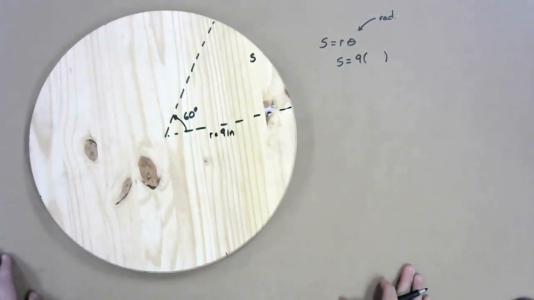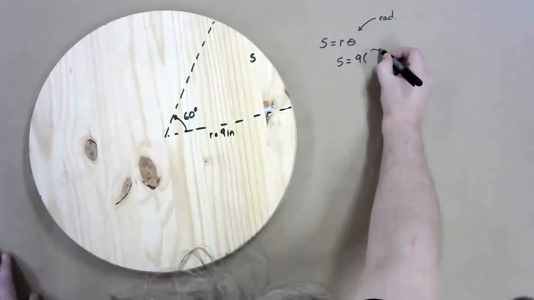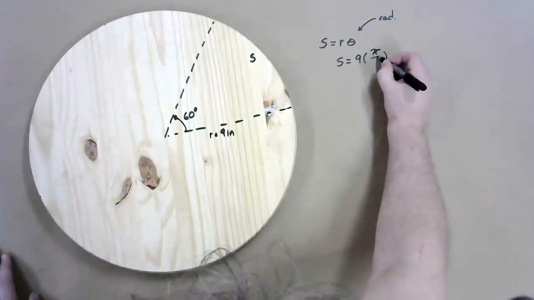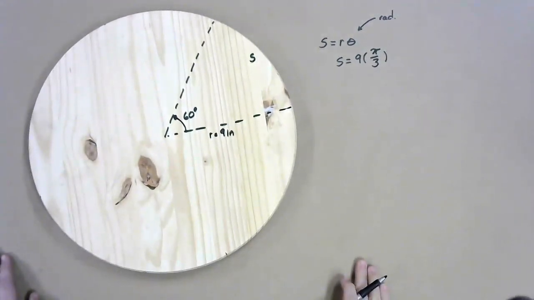But if instead we take that 60 degree measure and turn it into pi over 3 radians, because pi over 3 radians is a ratio unit, it doesn't contaminate our inches.